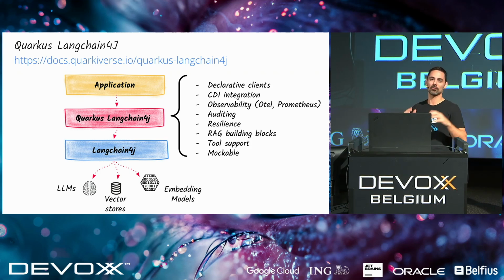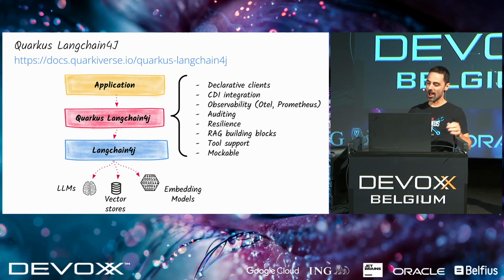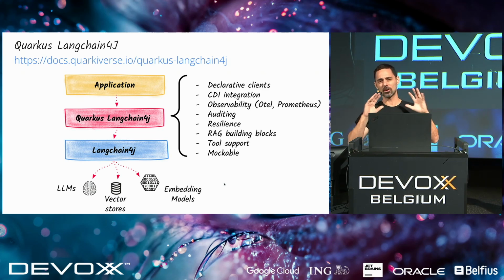Observability out of the box, so you get metrics and tracing with zero effort just by adding the proper extensions. We have auditing, resilience and fault tolerance, so you just continue to use the fault tolerance programming model that Quarkus has, and it works out of the box. RAG, tool support, and this stuff is mockable, so very good for testing. A bunch of stuff.